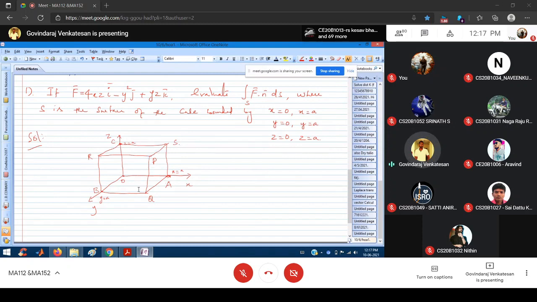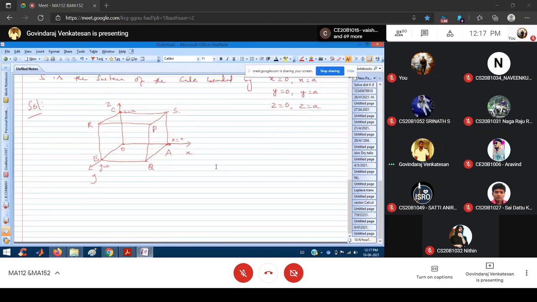So we have to find the surface integral. How many sides are there for this cube? Six. Yeah, fine.